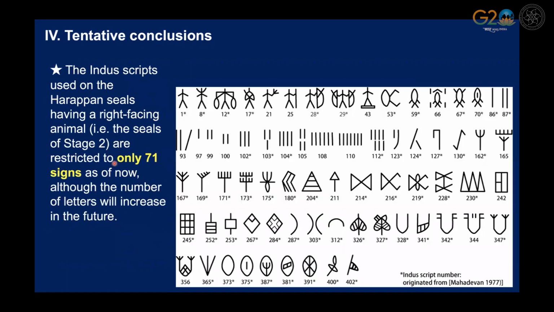The Indus script used on the seals of stage 2 is restricted to only 71 signs. The number of letters is quite small compared to the number of letters used on the seals of stage 3. But it can be pointed out that those scripts were already widely recognized and used even in the initial phase of the Harappan period.